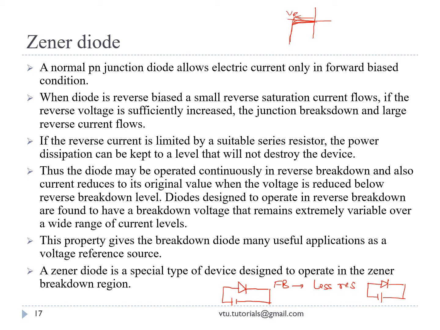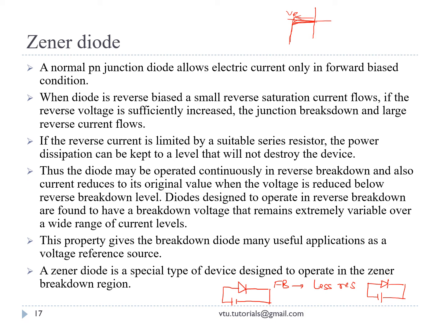That limited current flow will be operating in the breakdown region. Okay, diodes designed to operate in this reverse breakdown region will have more applications in the further topics. The breakdown voltage remains extremely constant over a wide range of current levels.